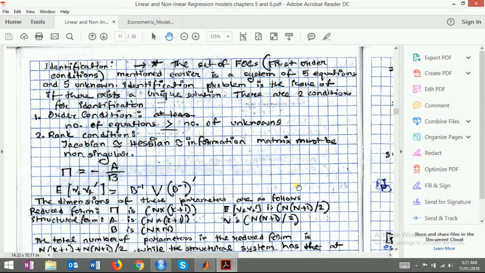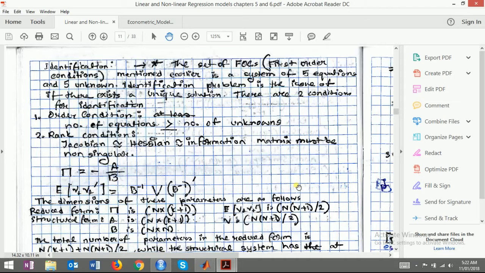Well, the structural system has at most n square plus n into k plus 1 plus n into n plus 1 by 2 parameters, minus the n into k plus 1 plus n into n plus 1 by 2 reduced form parameters.